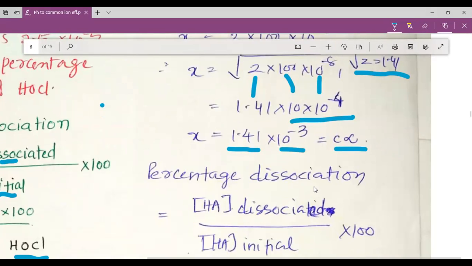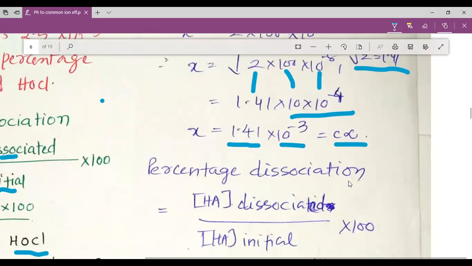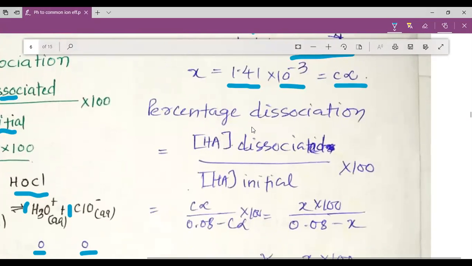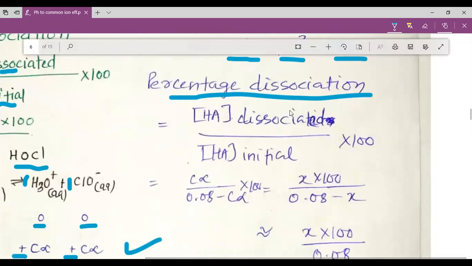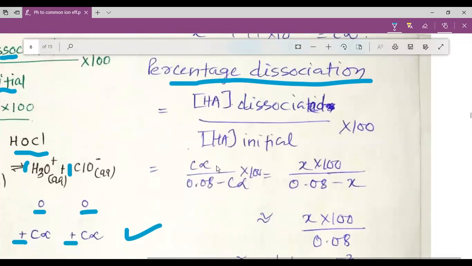So now we have the value of C alpha. For percentage dissociation, my dear students, we take HA dissociated divided by HA initial multiplied by 100. That is what we want to find out to know the percentage dissociation. HA dissociated is C alpha, because a total of C alpha of HA has been dissociated. That is the change in concentration divided by the initial concentration.